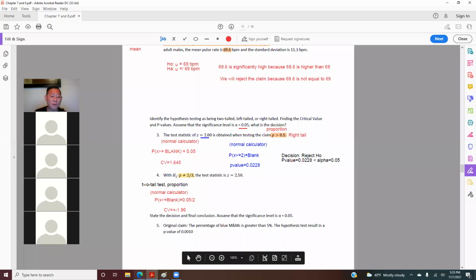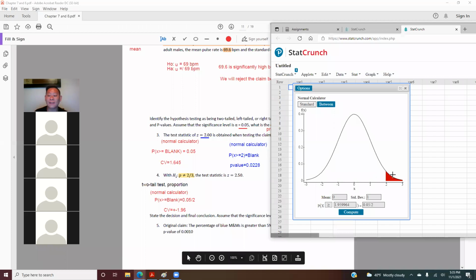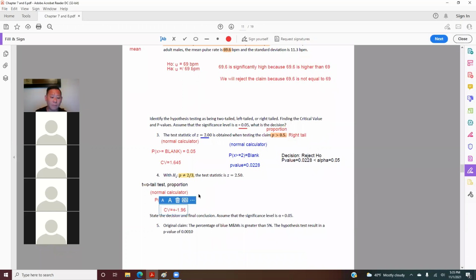That means that you will have two tails, one on that side and the other on the left side. Both of these give you the same answer, but one is positive, the other one is negative. In your online homework, they don't like plus-minuses, so you have to write your answer as 1.96 and negative 1.96.